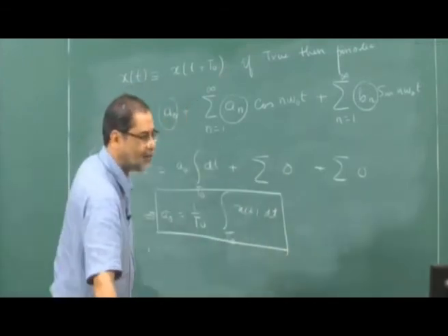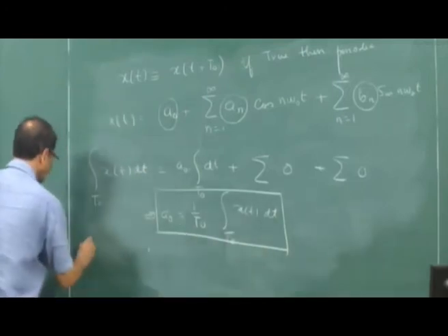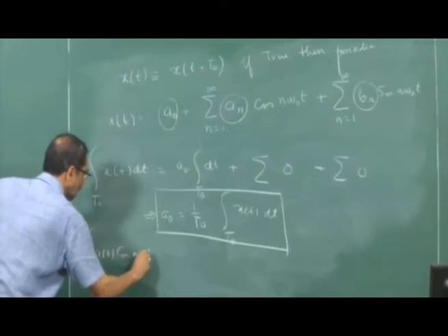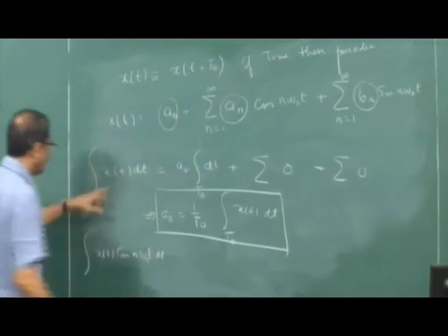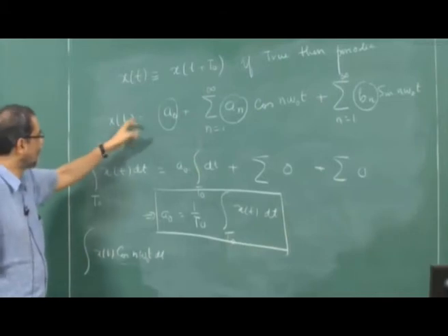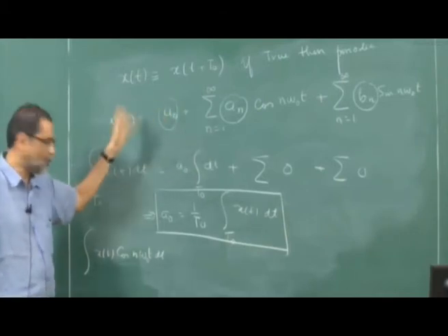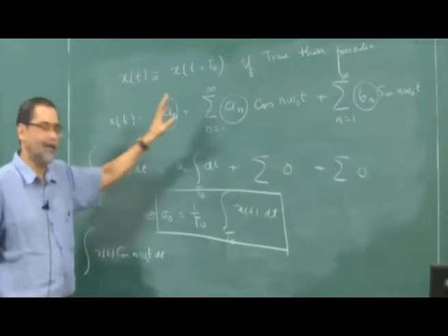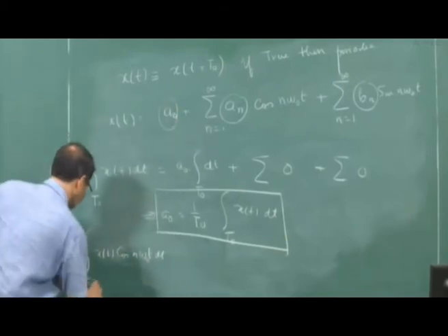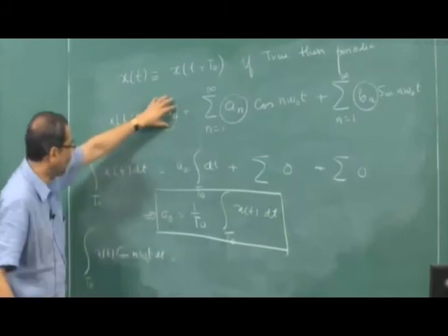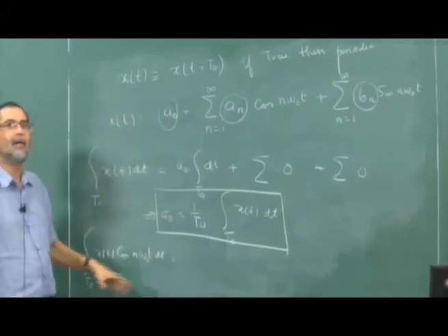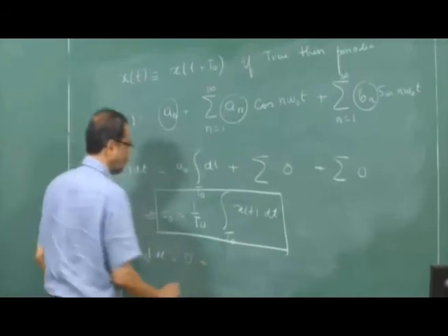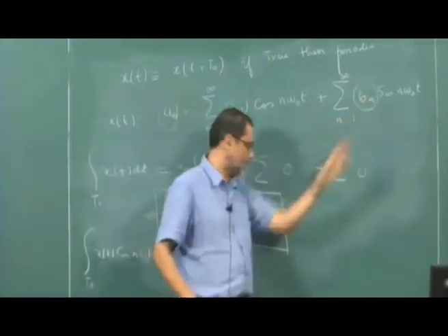Second, you carry out x of t cosine n omega naught t dt. So you take x of t, multiply both sides by cosine n omega naught t and integrate over a period. This will be a naught into cosine n omega naught t, and by the properties I described before, this will integrate to 0. Cosine and sine integrate to 0.